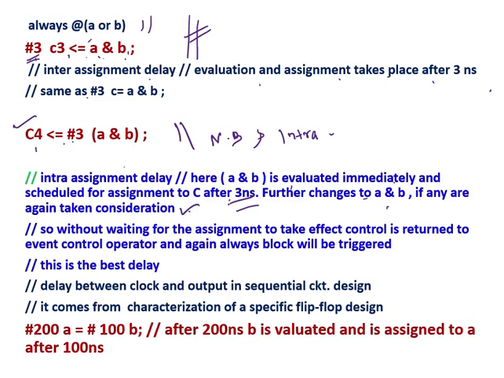So here what is actually happening? Without waiting for the assignment to take effect, control is returned to the event control operator, and again the always block will be triggered. It will check continuously whether there is a change in A and B. In the first two cases, if the delay is less than the specified delay, for example 3 nanosecond, then that delay is filtered out, never considered.